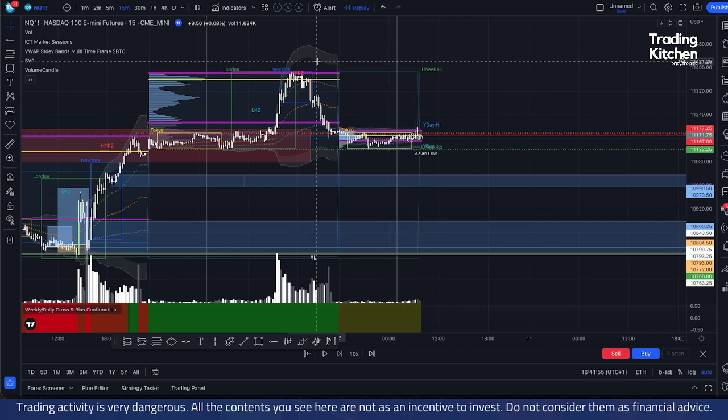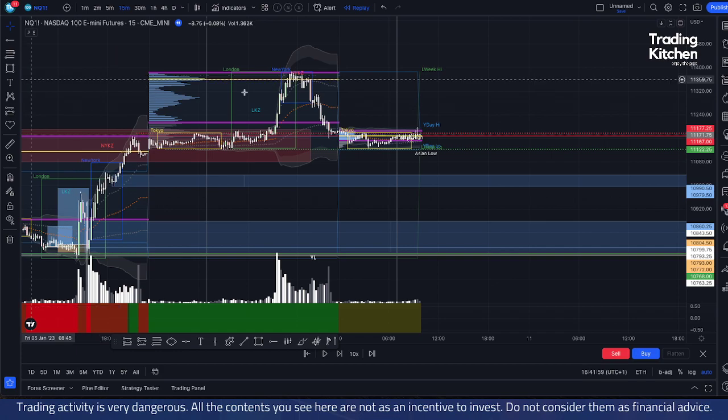Okay, so now as you can see, we are short if we consider 2 days. We are long if we consider 2 days session volume profile.